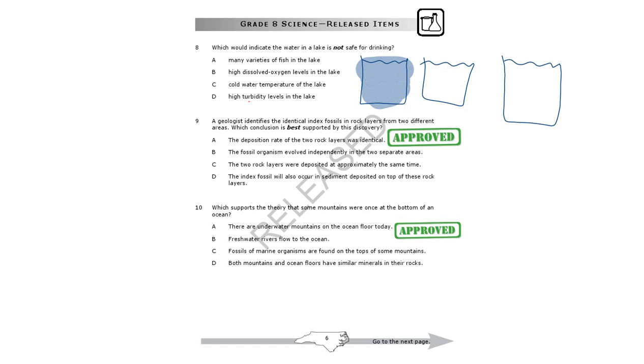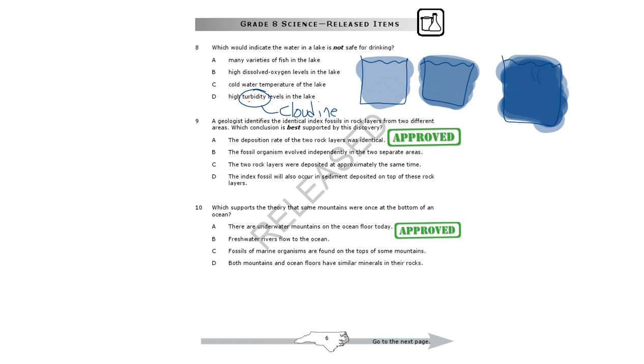If it's a little turbid, it might look like that, a little hard to see through. If it's really turbid, it might look like that, really hard to see through. So as soon as you see the word turbidity, I want you to think the cloudiness of the water.